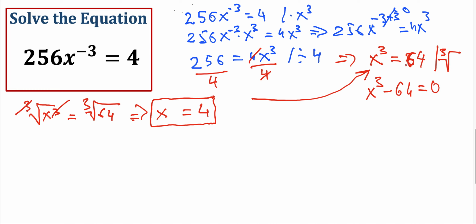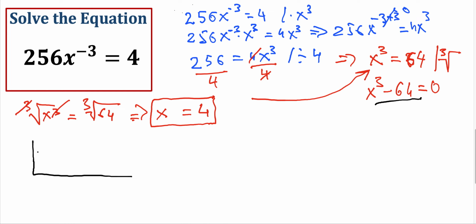Because if I subtract 64 from both sides, I get this equation. According to the factor theorem, the divisor x minus 4 is going to divide this x cubed minus 64. So I am going to use synthetic division, dividing by x minus 4.